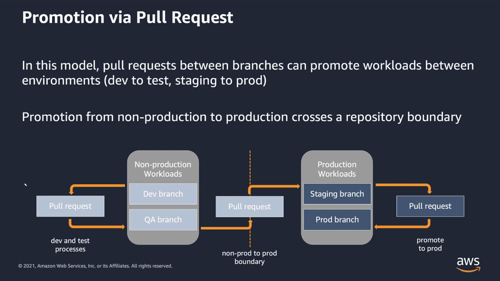Now your pull requests going from dev to test finish, and now you can file a pull request from non-prod into prod staging. And that crosses the non-prod to prod boundary. So you're going to have different people involved maybe in that pull request. You're going to have a different team actually, even with oversight. And it comes into staging, and then it's that workflow, right?